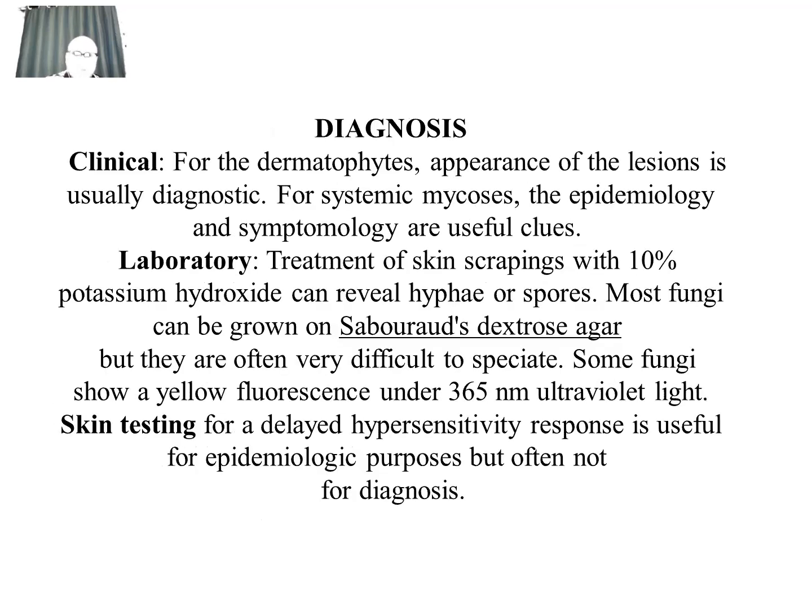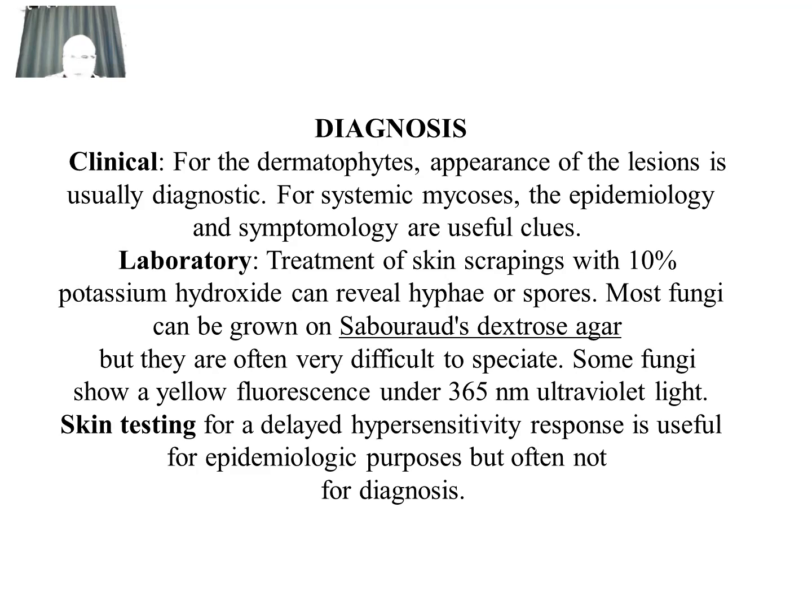So how do we diagnose these fungal infections? Clinically, the clinical examination, history taking, and what you see on your patient play a big role in making a diagnosis. For the dermatophytes, the appearance of the lesion is usually diagnostic. For systemic mycosis, epidemiology and history are usually clues.